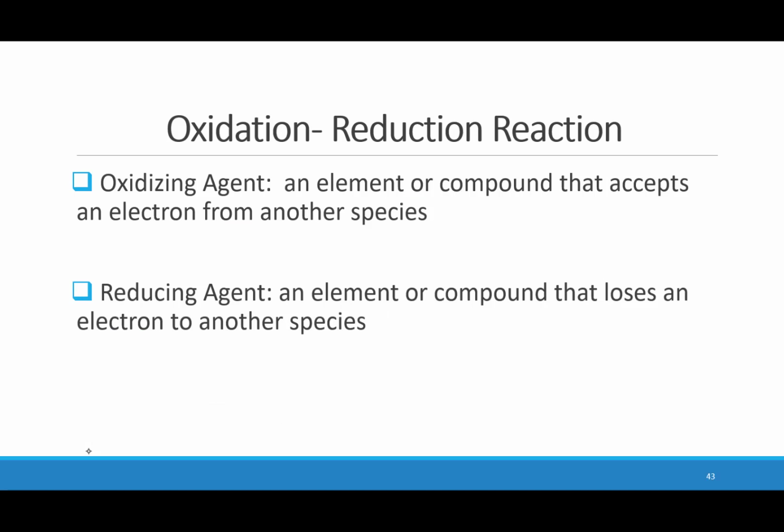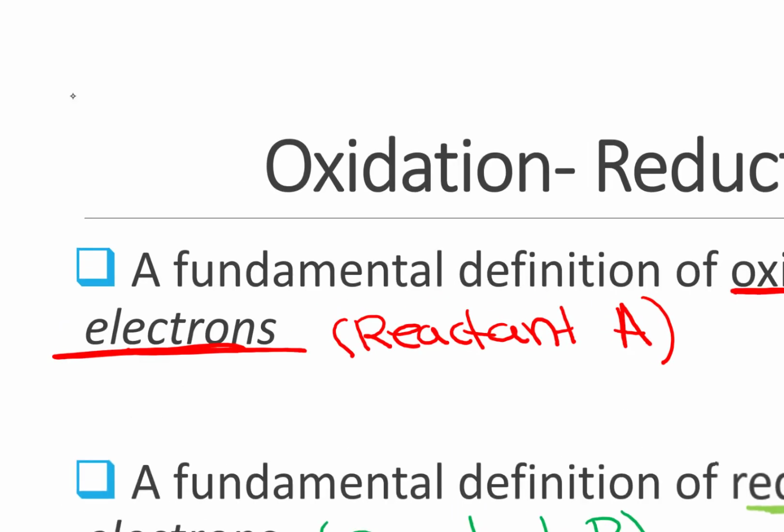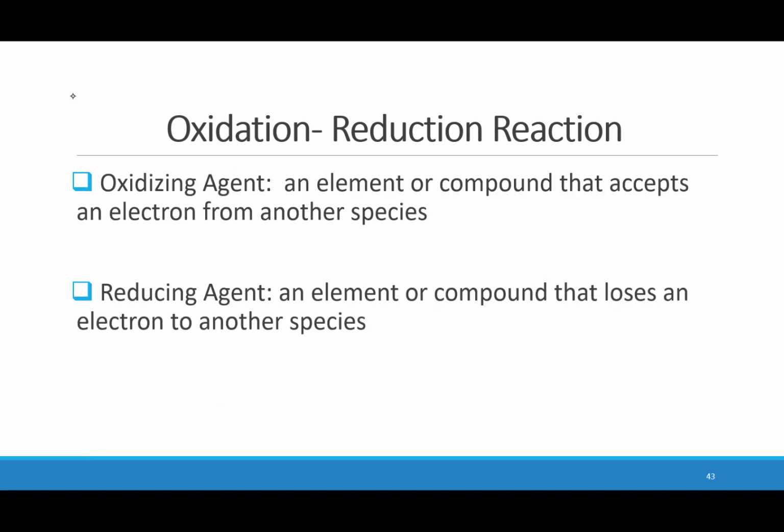Now, what's the difference between an oxidizing and a reducing agent? Remember, going back here, reactant A lost the electron. When it loses the electron, it becomes oxidized itself. But it's going to help reactant B get reduced.